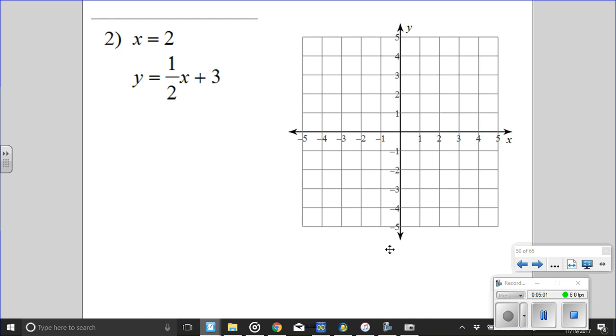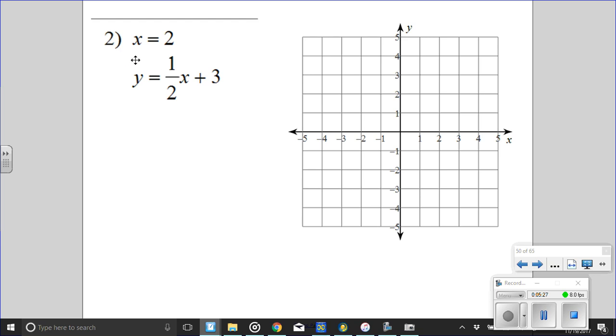Okay. Now on number two, we've got two graphs here, two functions. Actually, we only have one function, and x is equal to 2 is not a function. It doesn't have a y-intercept. It doesn't pass the vertical line test. It's not a function, but we can still graph it and see what the solution is.